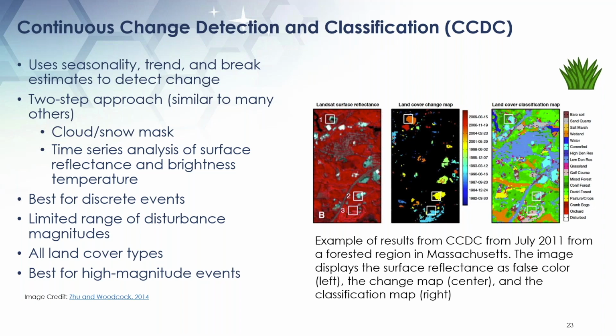And in this technique, it's a little different because land cover classification is also conducted at the same time. And change over time is identified with that land cover classification. And this is used in the National Land Cover Database that we showed when we were talking about land cover classification last week. So this is also really useful for identifying discrete events like fires with high magnitude.